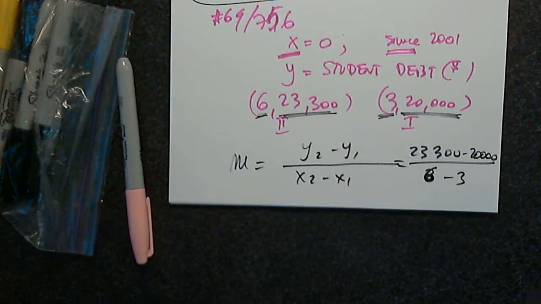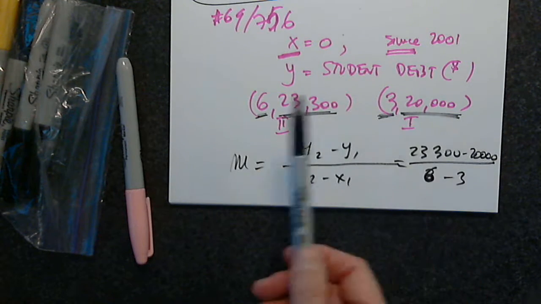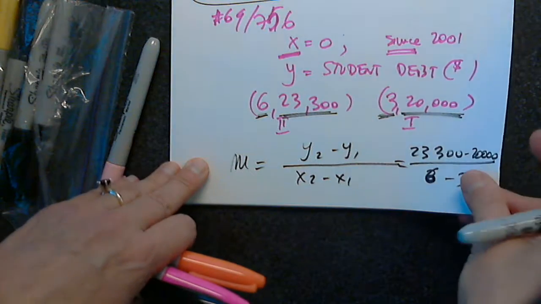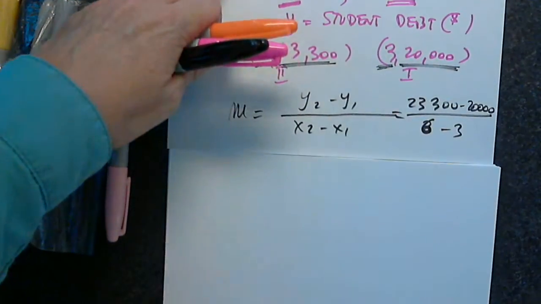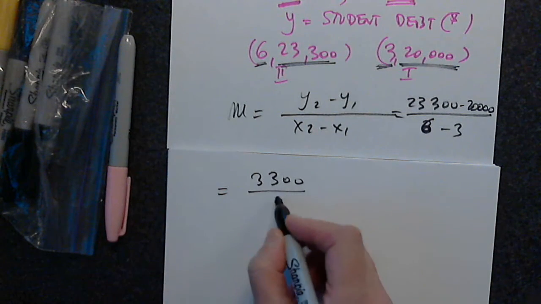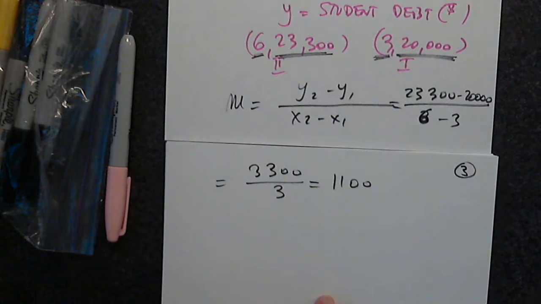I messed them up by not writing them in the correct order. If you write them the opposite, but both of them, you'll still get the same answer. So the numerator is 3,300. The denominator is 3. So the answer is 1,100.